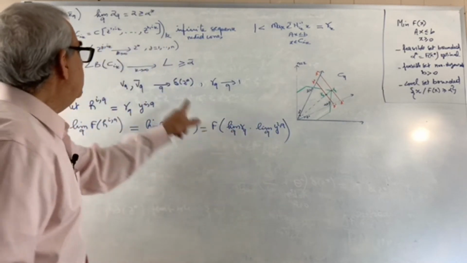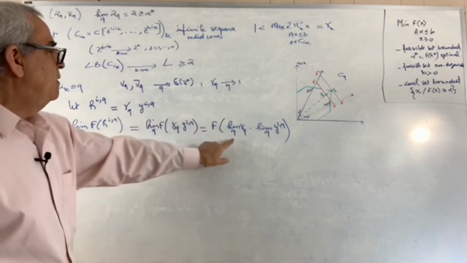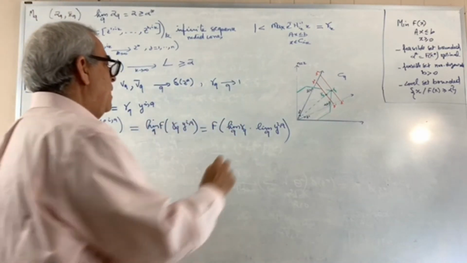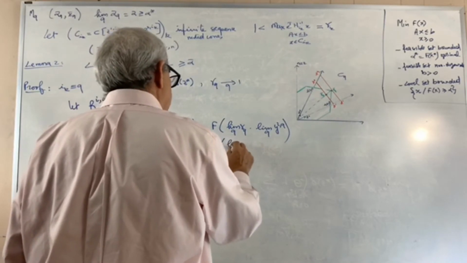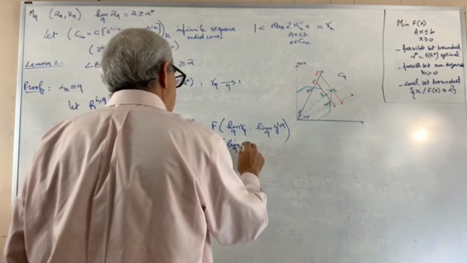So this is 1, subsequentially if necessary. And so this is just equal to f times the limit of y_i^q.